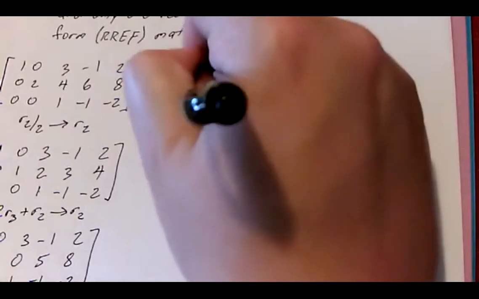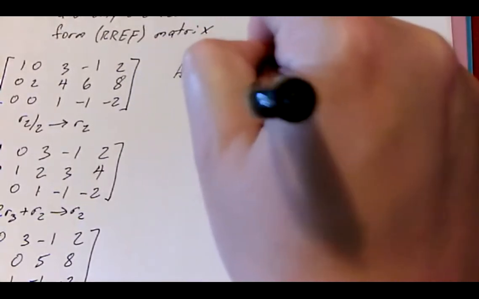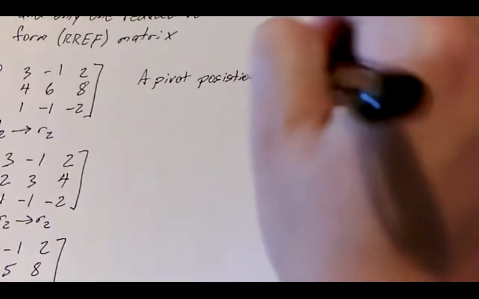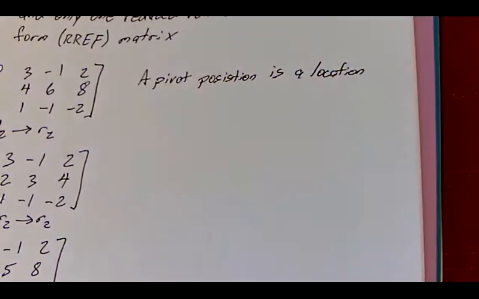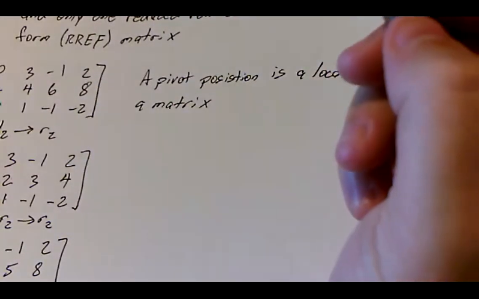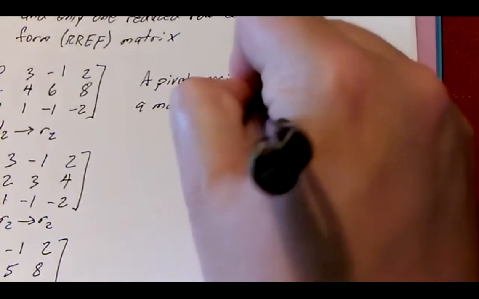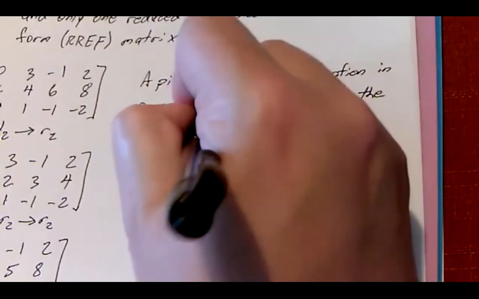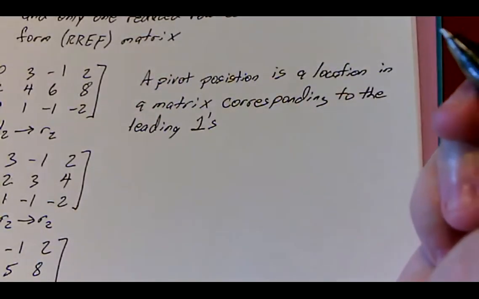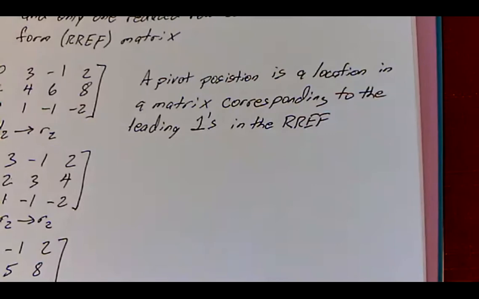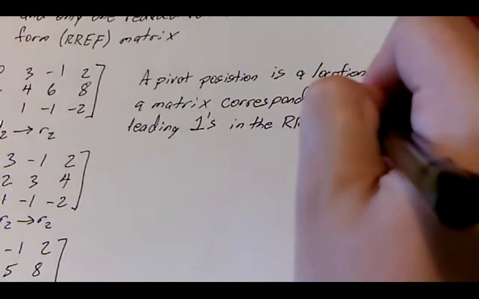A pivot position is a location in a matrix corresponding to the leading ones in the reduced row echelon form, the RREF, of the matrix.